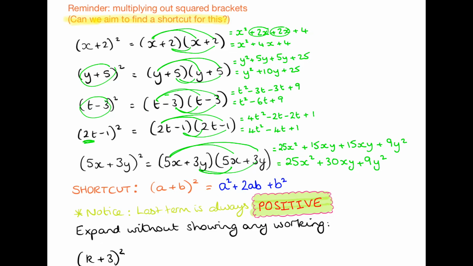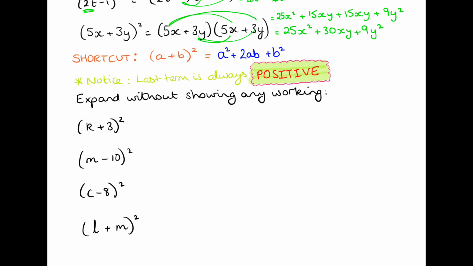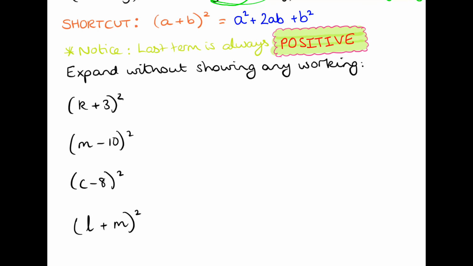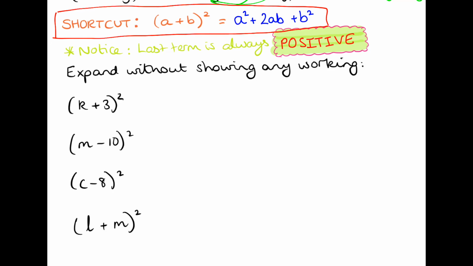Okay, so what we're going to do now is just practice using this without showing any working. So we're going to use our rule that's at the top of the page here, this shortcut, and we're going to expand these squared brackets without writing down any working. So remember what we get when we've got k plus 3 squared.